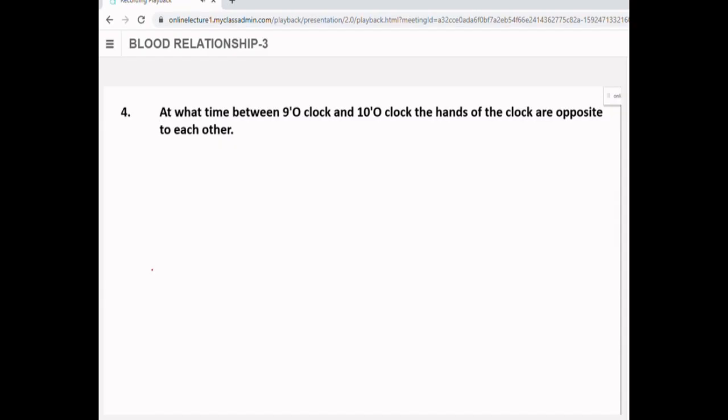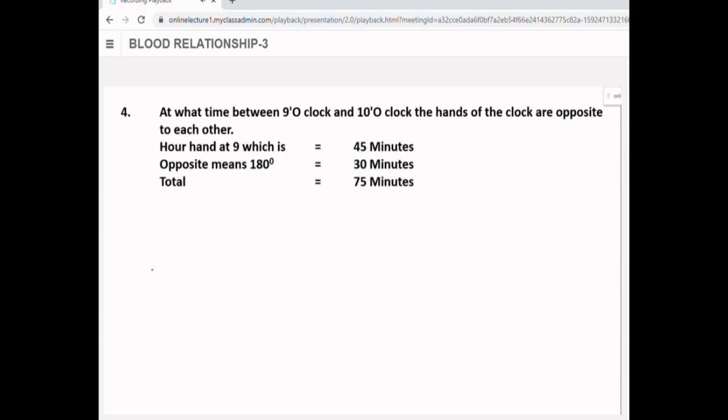Okay, so let's see this answer. 9 o'clock means the hand is on 9, which is 45 minutes. Opposite means 180, so 30 minutes. Total is 75.